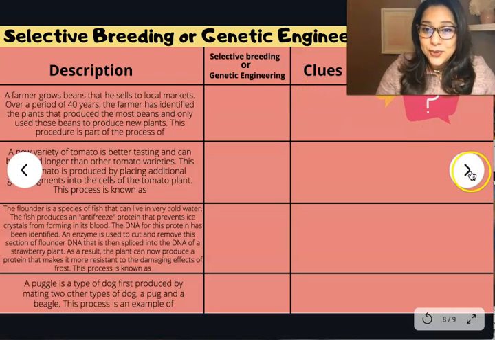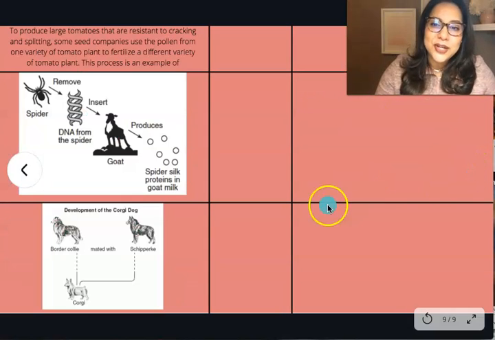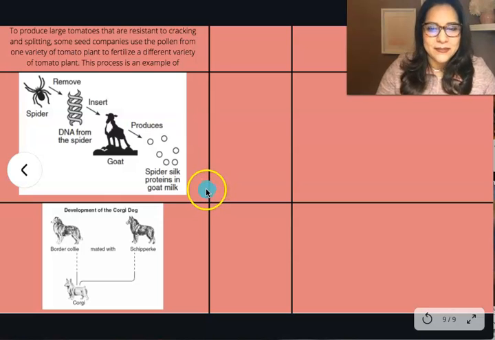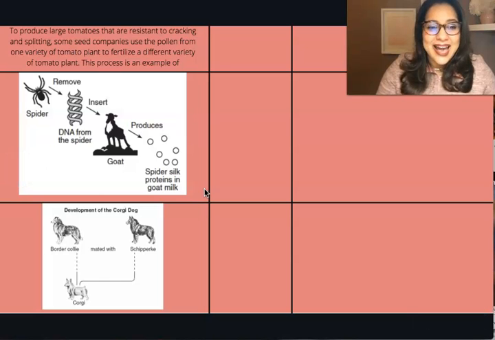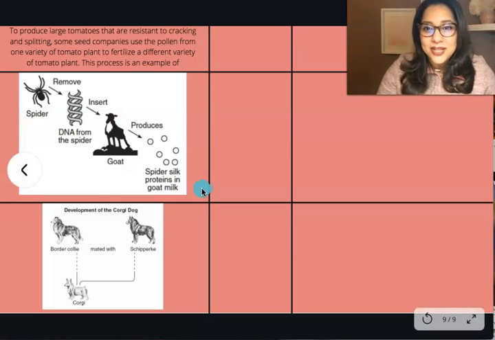I also included a visual component so that you're able to not just identify it from a description, but also from a visual diagram. I hope this helps you differentiate between both processes, and it supports your understanding of them so that you can complete your independent work today successfully.